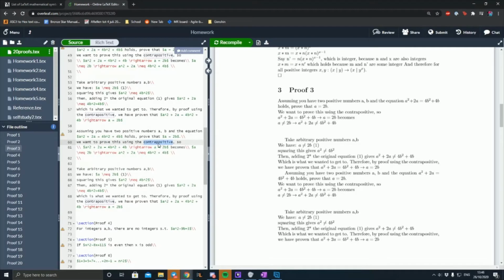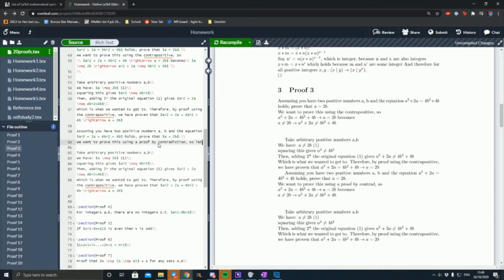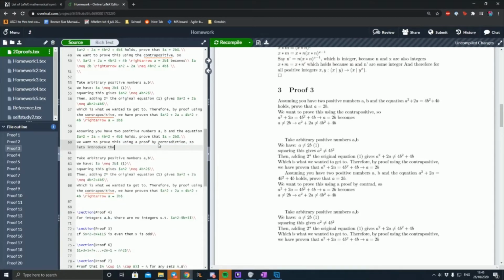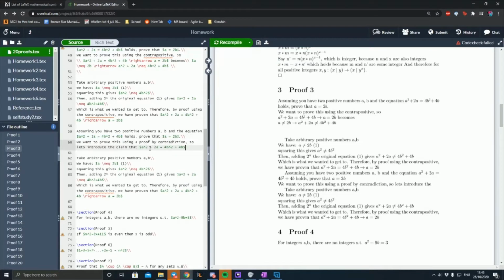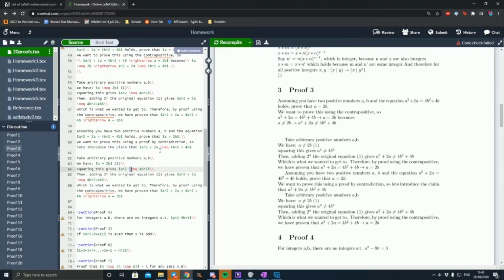We will prove this using a proof by contradiction. So let's introduce the claim that A is not equal to B. Okay, and now we can just replace all the not equal signs here with equal signs.